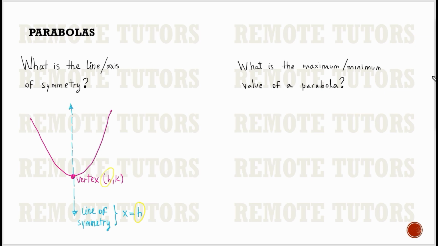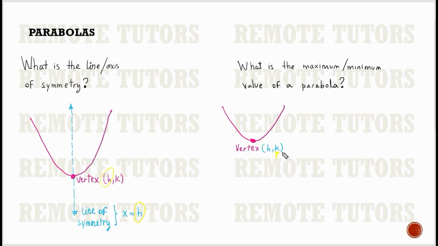Now, sometimes they will ask you to find either the maximum or the minimum value of a parabola. The minimum or maximum value of a parabola is the y-coordinate of the vertex. Let's see the graph. When the parabola opens up, the vertex is the lowest point. The lowest point means that it contains the lowest value of y.